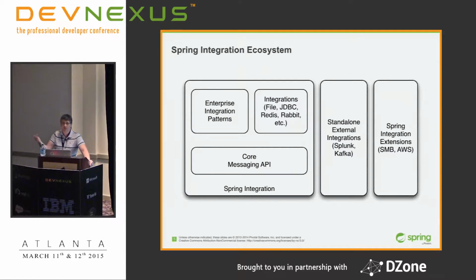So messages, message headers, channels, and a lot of other things like message stores, for example, for operations like aggregation, and metadata stores for storing metadata, and we're going to talk about that in a bit. On top of all that, we have the enterprise integration patterns. So things like a filter, a splitter, an aggregator.